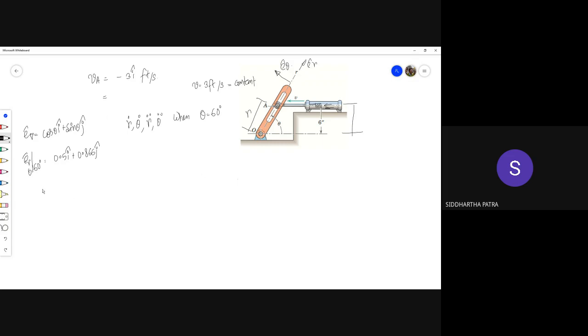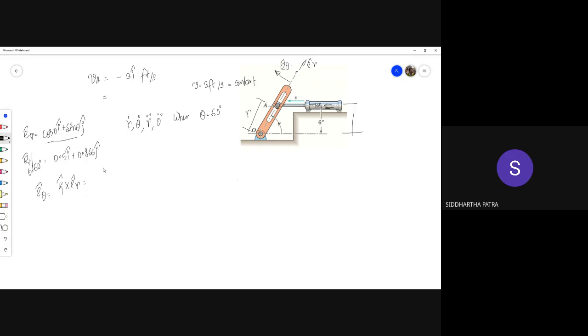How do you get e theta? Whether the general expression or the specific one, you can get it by simply doing k cross er. Of course I can figure out the components and so on, but I would not stress about that.